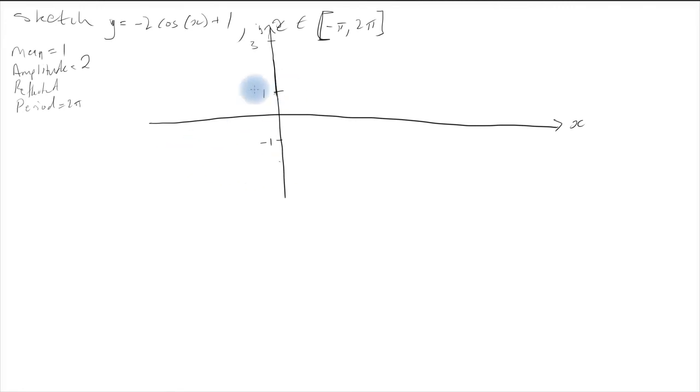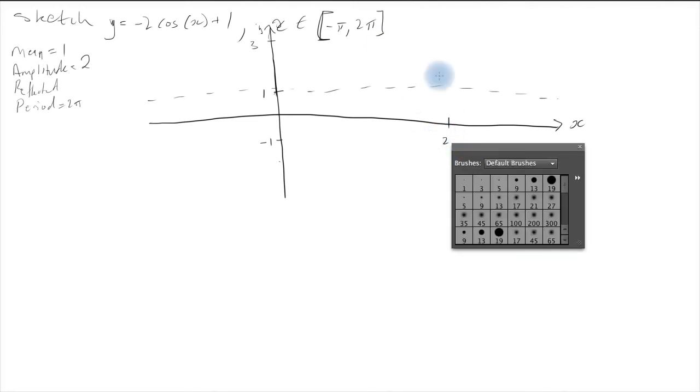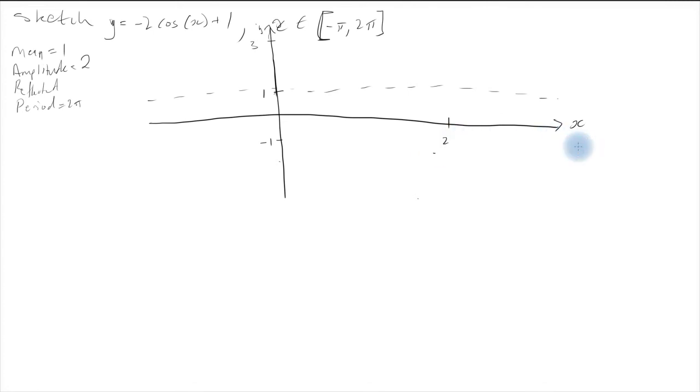So let me put in a dotted line to make this a bit more clear for everyone. Period of 2 pi, and we're going up to 2 pi, so let's make that 2 pi there.